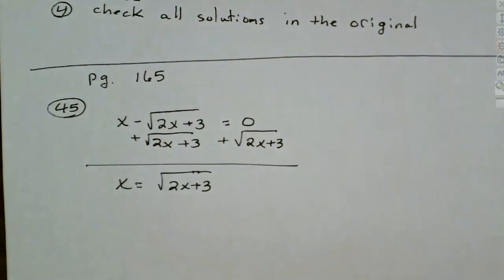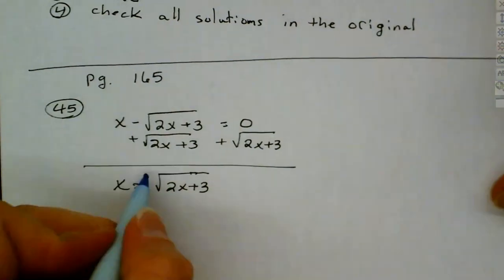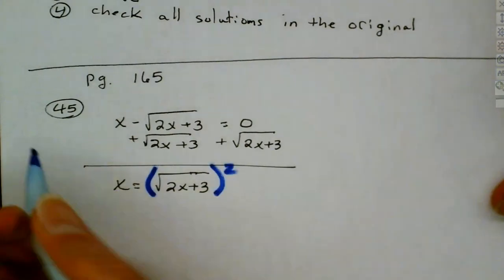Now, we don't have a square, we have a square root. And what's the opposite of a square root? Square. So we think in terms of opposites. Addition cancels out subtraction. Multiplication, division is its opposite. Square root's its opposite. So we need to get rid of the square root, so we're going to square both sides.